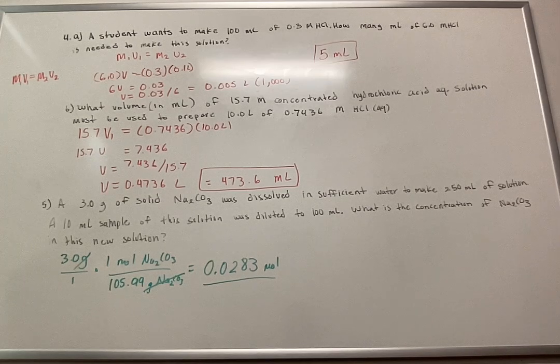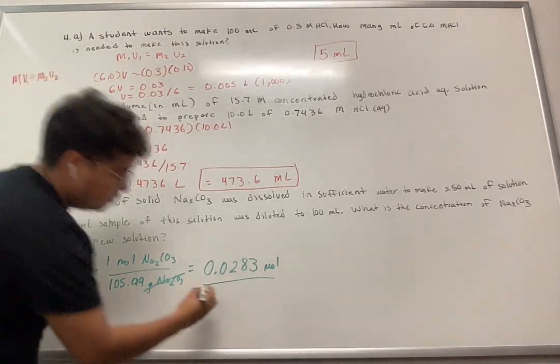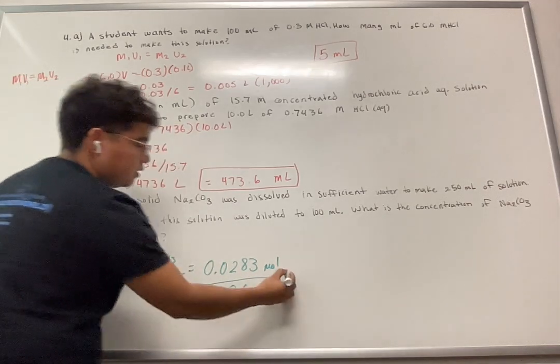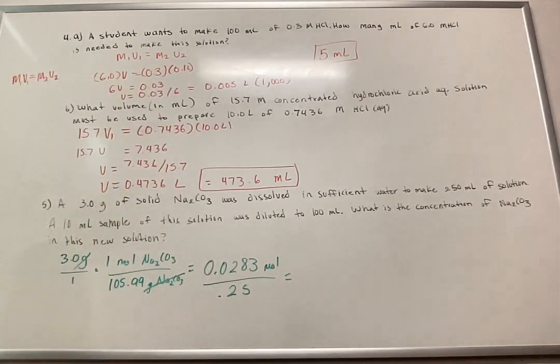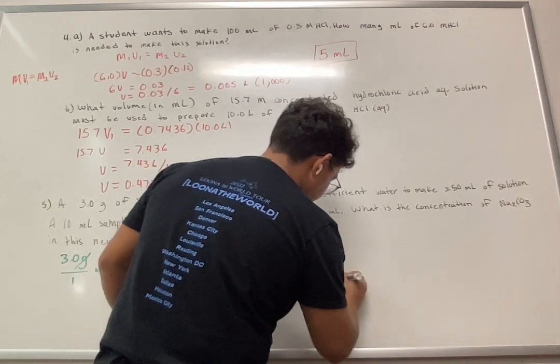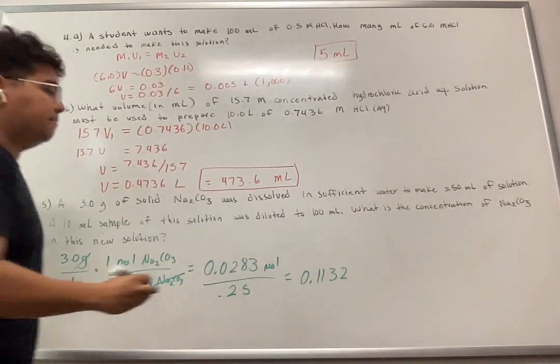So now we're going to divide 0.0283 by 0.25. This is the division. Our answer to this is going to be our concentration, 0.1132. Okay, that's M.